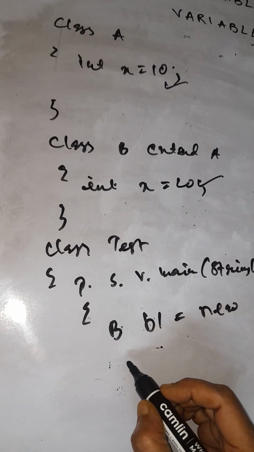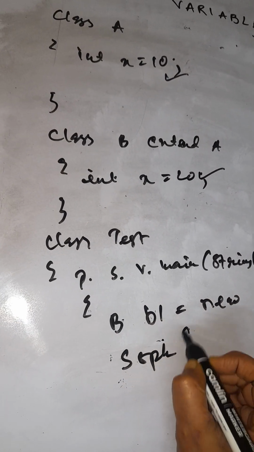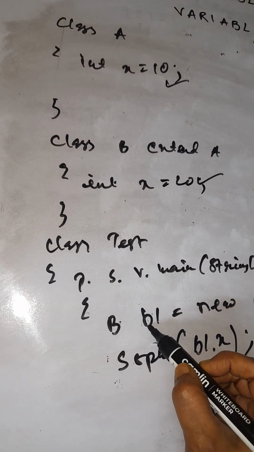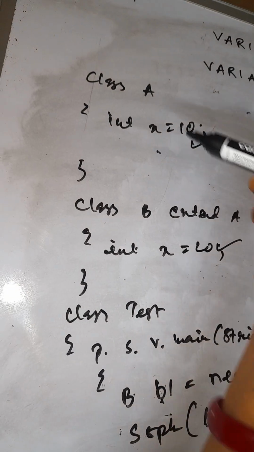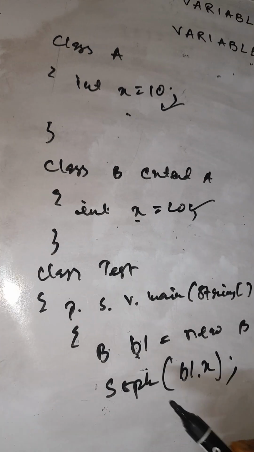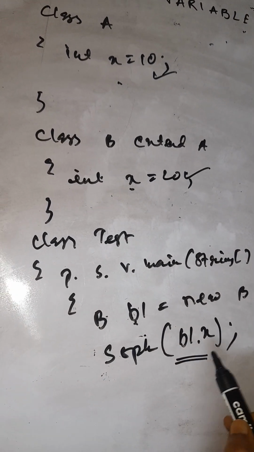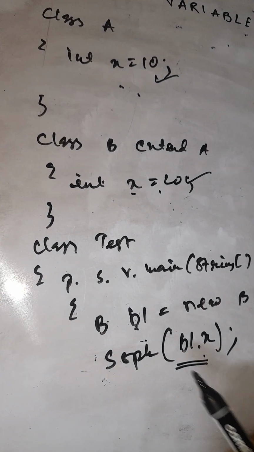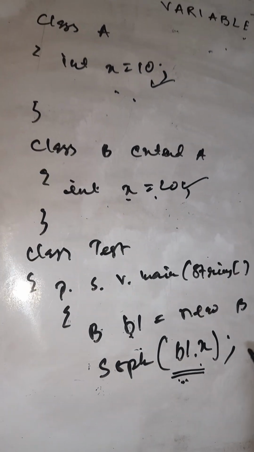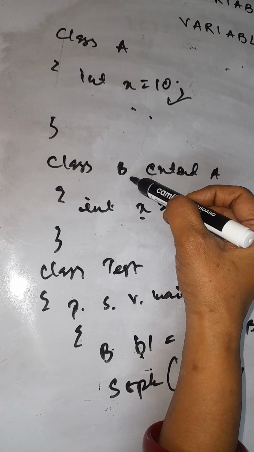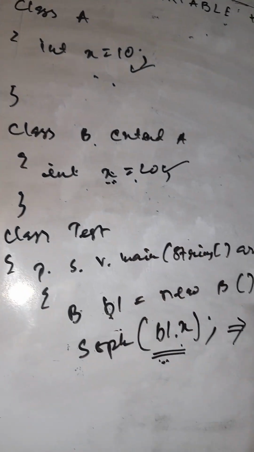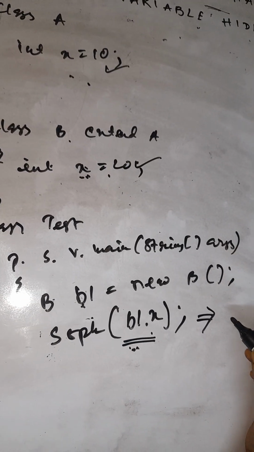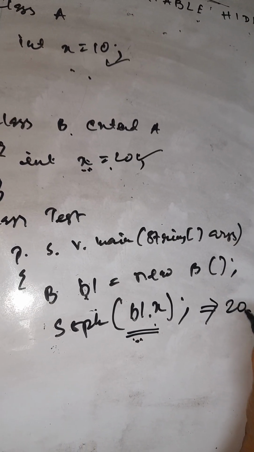From the main function, b1 is the child class object, so you can access both base class and child class members. But x is in your child class and in the base class also. So which x will be printed? Here the child class has higher priority than your base class. So here 20 will be printed.